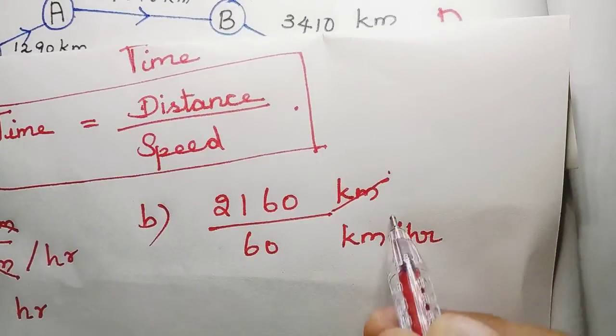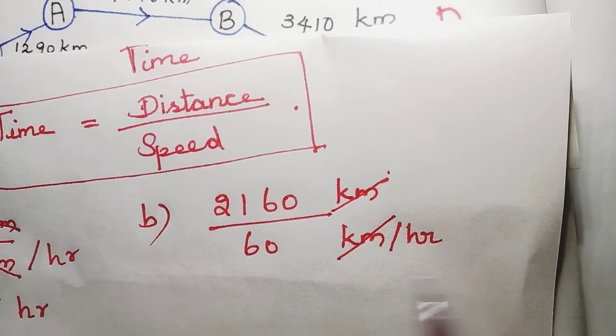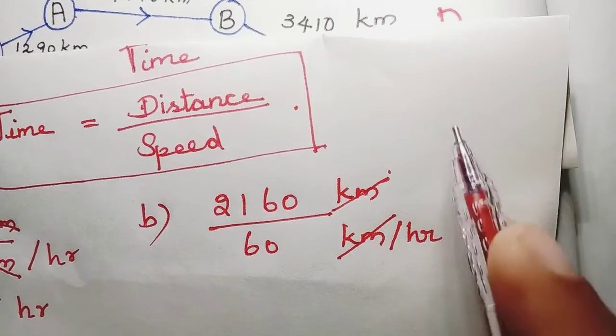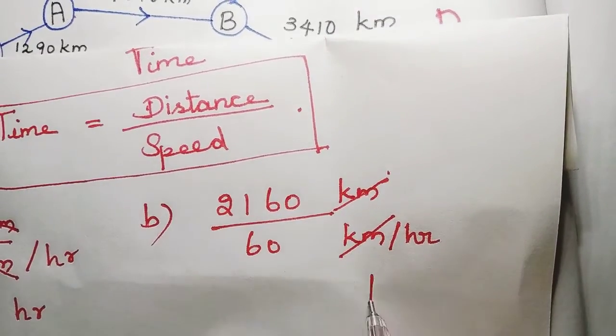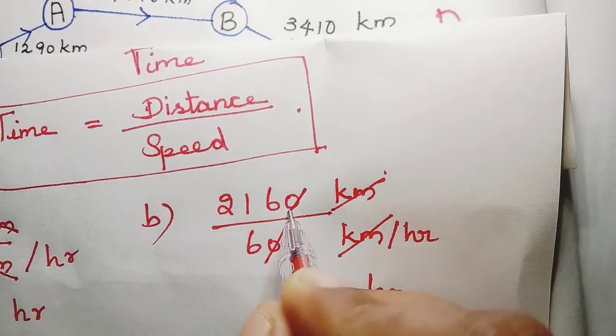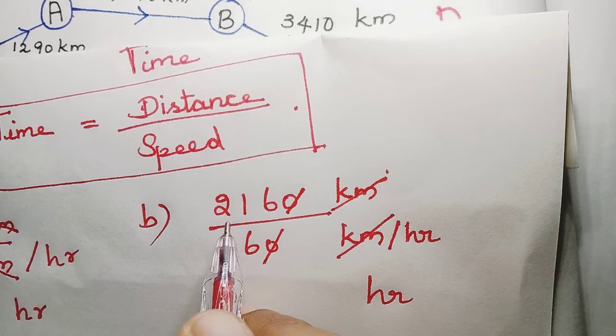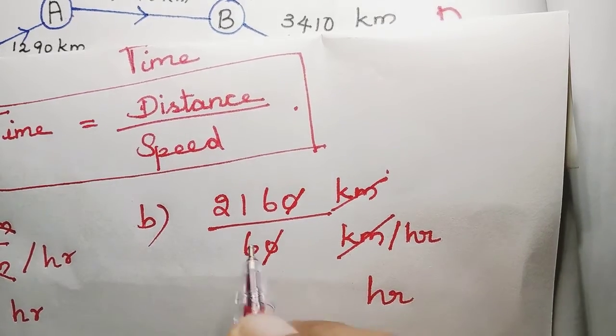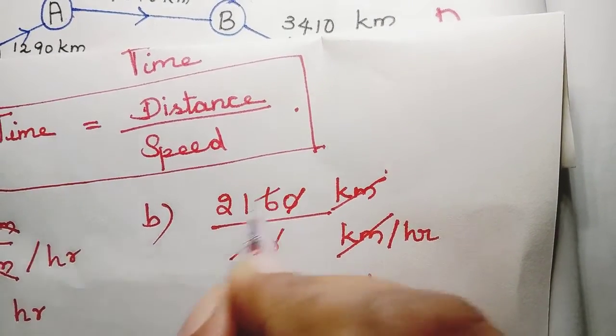So the kilometers get cancelled and the hour goes to the numerator. How to cancel this?